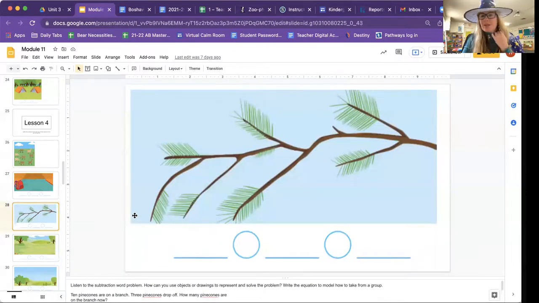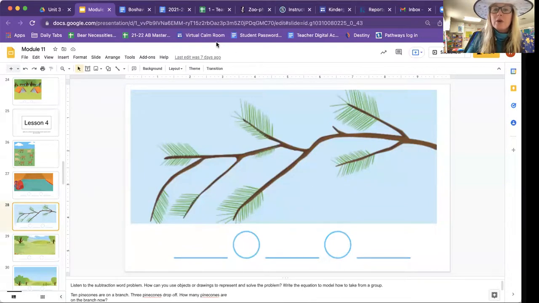All right, that looks like a pine tree. Listen to the subtraction word problem. How can you use objects or drawings to represent and solve the problem? Write the equation to model how to take from a group. 10 pine cones are on a branch. 3 pine cones drop off. How many pine cones are on the branch now?